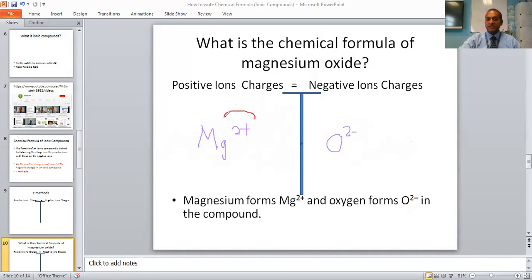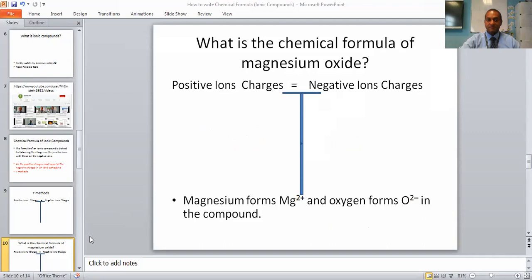Guys, you can see here is 2+, and here is 2-. So they balance each other. Therefore, the formula of this compound is MgO. There's 1 Mg, so you write 1 Mg. There's 1 oxygen, you write 1 oxygen. Okay, it's very simple. You don't need to memorize anything to write any of these ionic compounds.